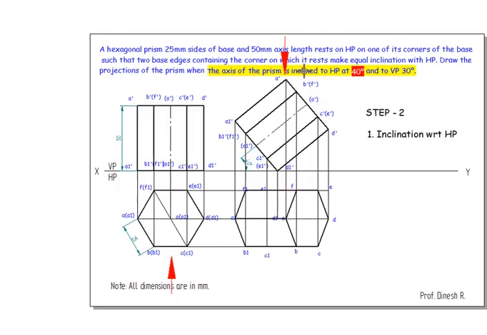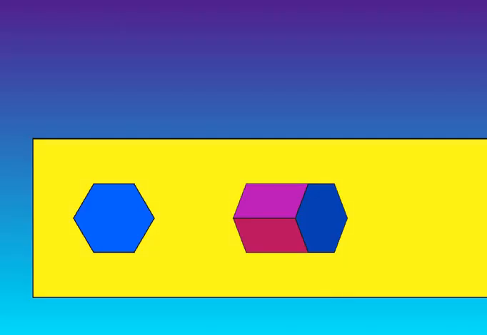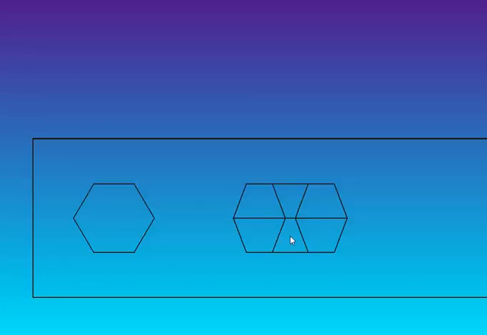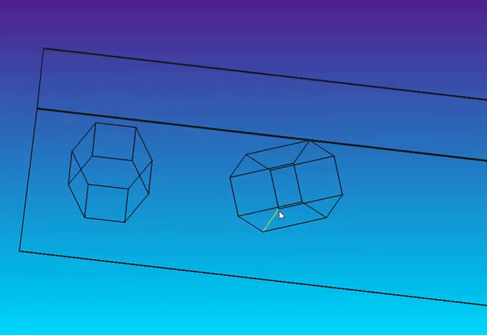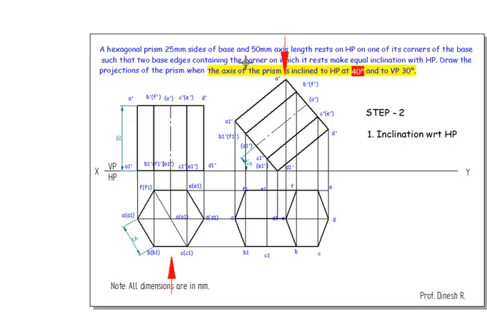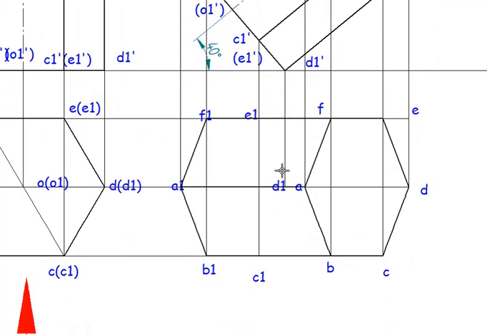The farthest point for an observer is D1. So here, this is the point which is the farthest point. In the top view, this point is the farthest. Lines joining these points are going to be hidden lines. So here we are going to make a thick dashed line from D1 dash.